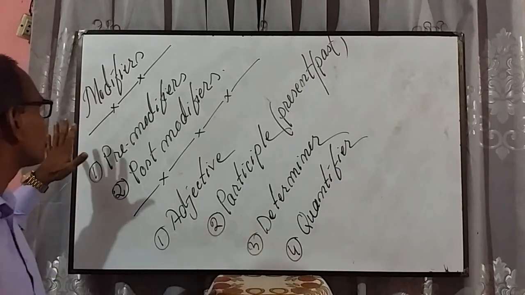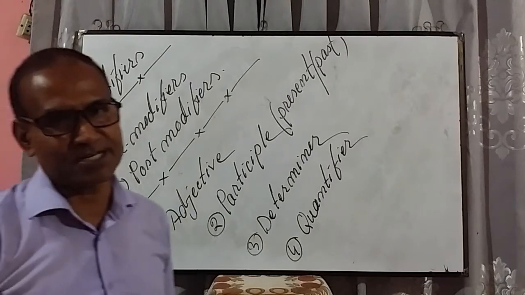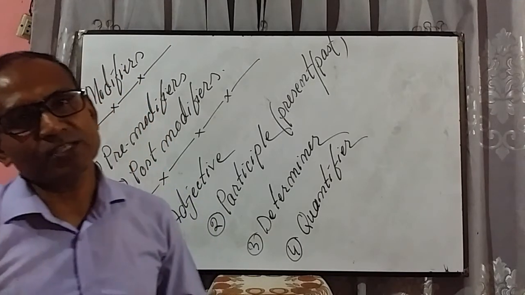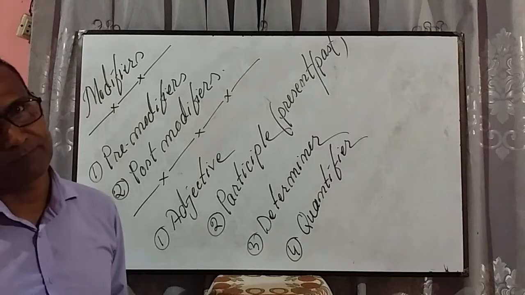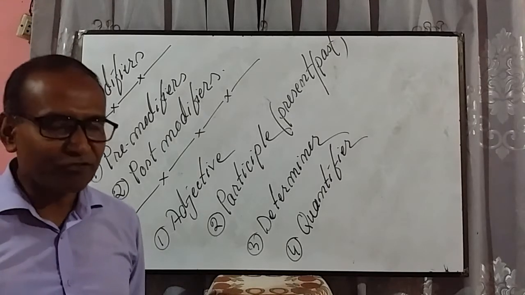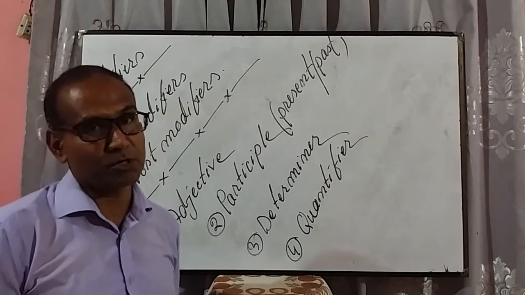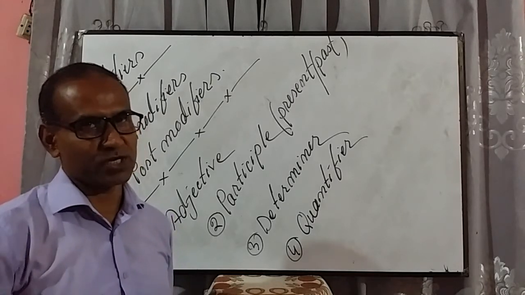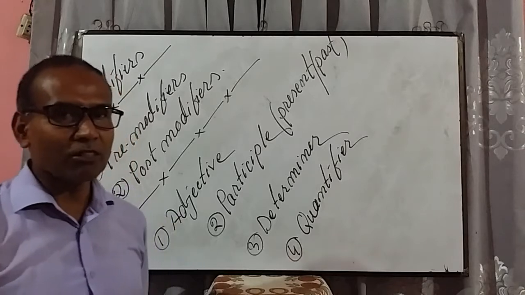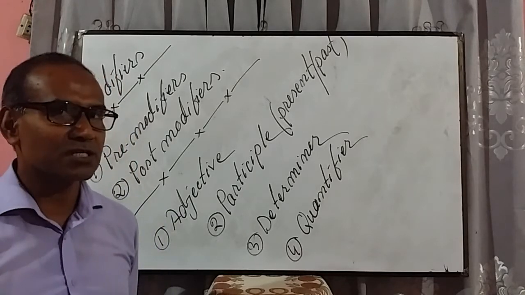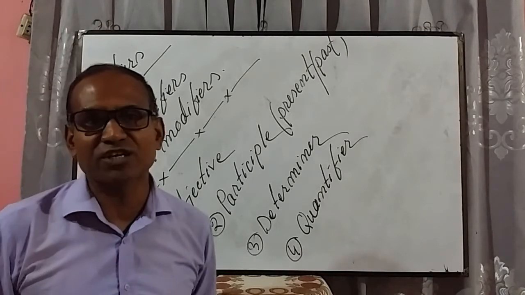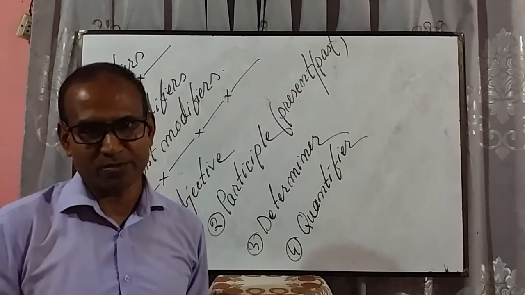Actually, you need to know what a modifier is. A modifier is one kind of adjective. Modifiers modify nouns, pronouns, adjectives and verbs. That's why all adjectives are modifiers, but all modifiers are not adjectives. You know what I mean?